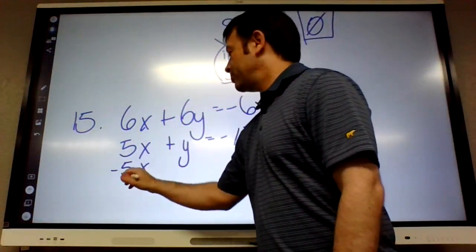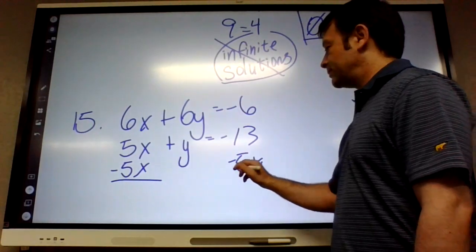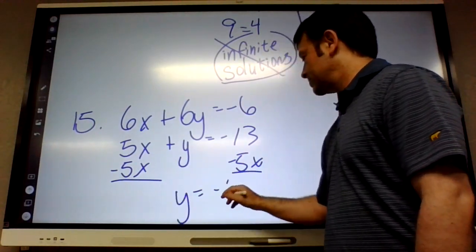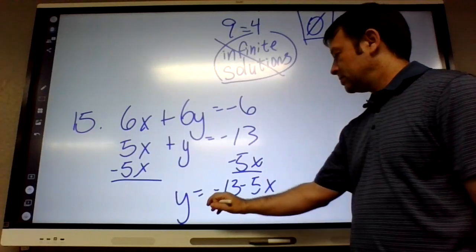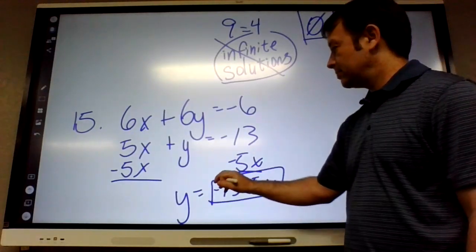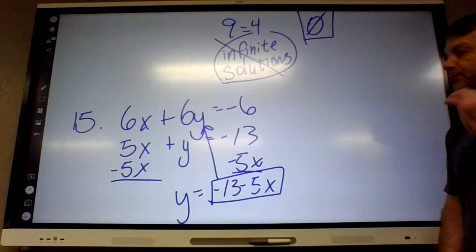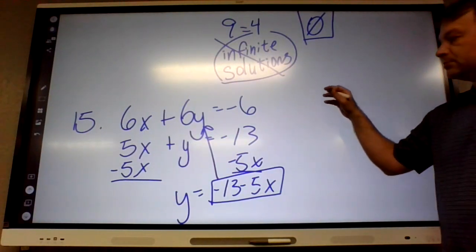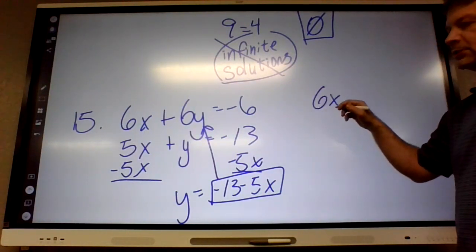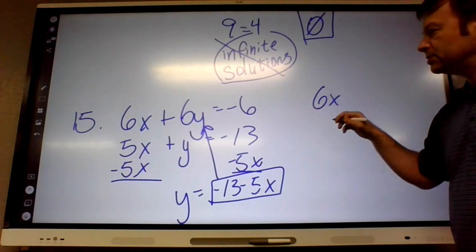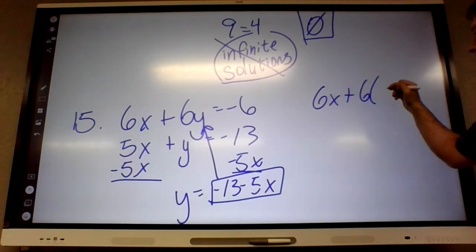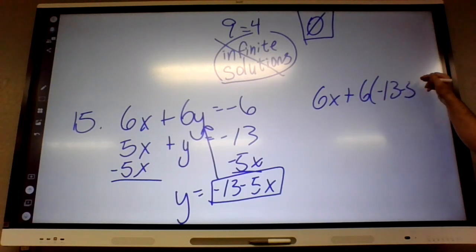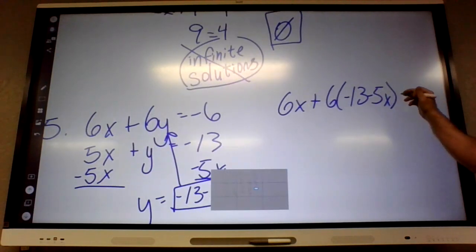We can get this bottom y by itself easily if we subtract 5x. So, what will the top equation become? 6x minus 6 minus 2. It's plus, isn't it? Oh yeah, it is. Plus 6 parentheses minus 5x.